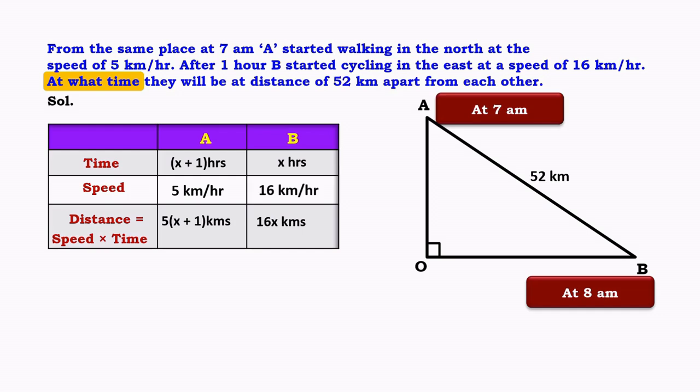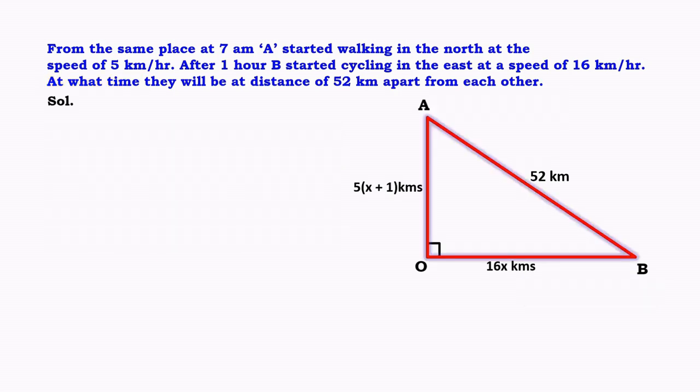The distance covered by B is 16x kilometers. These distances form the two perpendicular sides of the right-angled triangle, while the distance between A and B is 52 kilometers, which is the hypotenuse. Now, we are ready to apply Pythagoras' theorem and form the required equation.